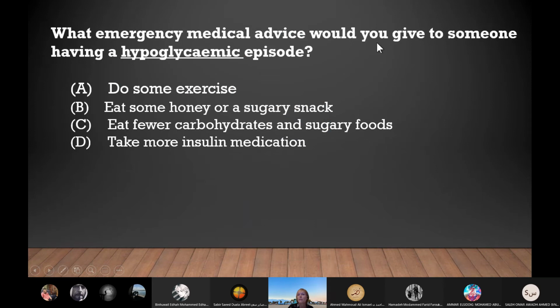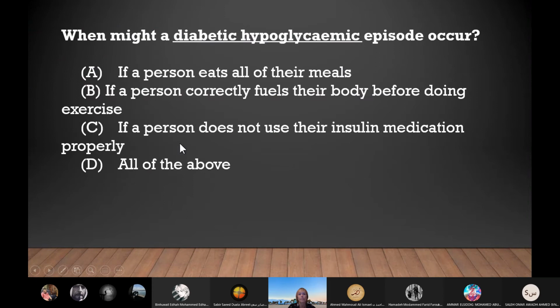So what emergency medical advice would you give to somebody who has a hypoglycemic episode? Do some exercise? B. So they eat some honey or a sugary snack, that's right. So they need to get their sugar up if it's low. When might a diabetic hypoglycemic episode occur?